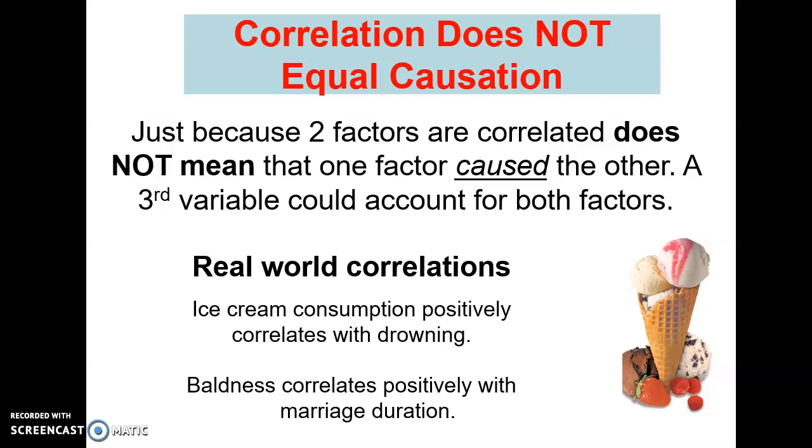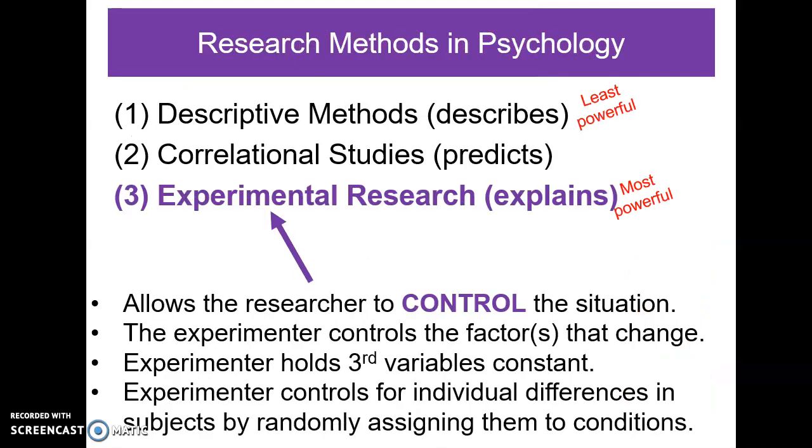For instance, there are some real-world correlations out there, like ice cream consumption positively correlates with drowning. Does that mean that the more we eat ice cream, the more likely we are to see drowning? No, it just means that the third variable would be hot weather. The hotter the weather, the more likely people are to consume ice cream. The hotter the weather, the more people are swimming, and therefore the more people are likely to drown.